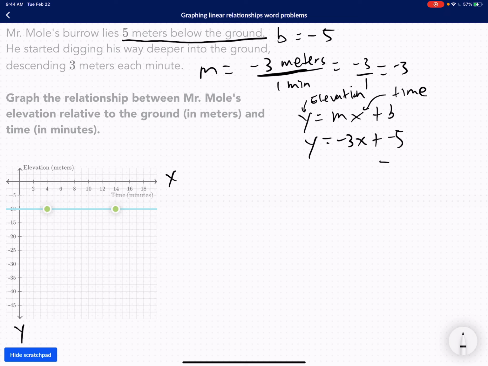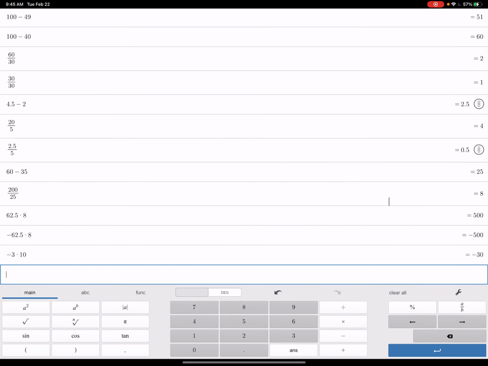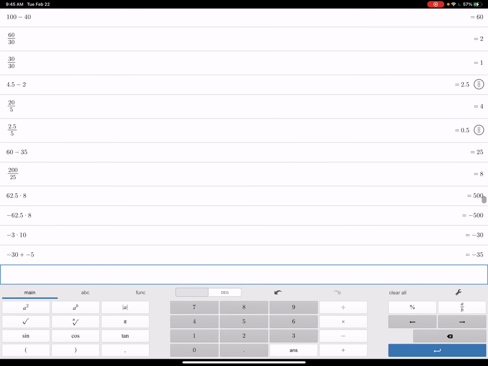So we're going to do y is equal to -3, and then x, let's just choose 10, plus -5. Y is equal to -3 times 10, which is -30, plus -5, which is equal to -35.